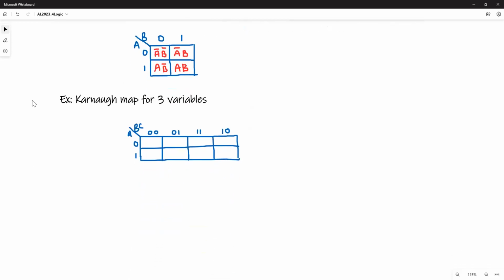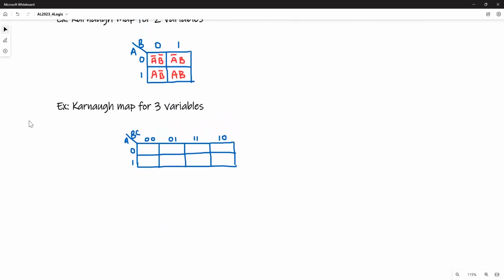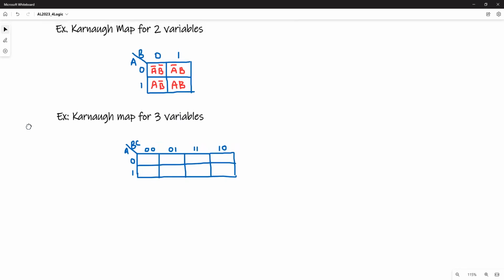Second one, when you have Karnaugh maps for 3 variables, right? If you have 3 variables, then you have 2 to the power 3 cells.